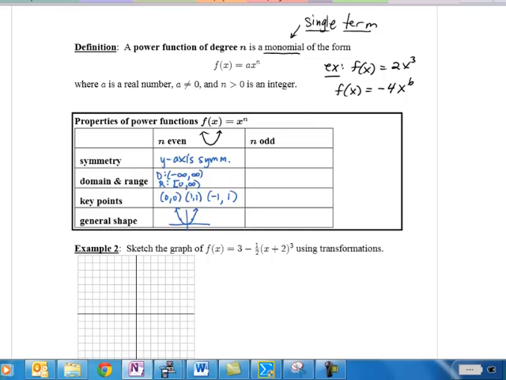For n odd, the graph is going to look like x cubed, roughly. So we're going to have origin symmetry. We'll have domain and range, both all reals.